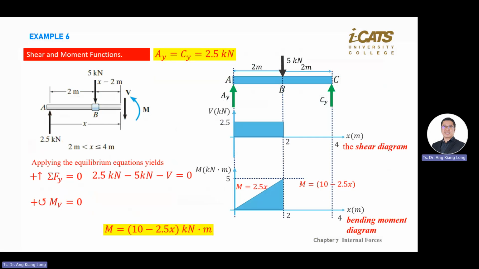Here you will get one value of V. We use this one first, ignore this one first. So your V is minus 2.5. Agree or not? Agree, okay, go for M.